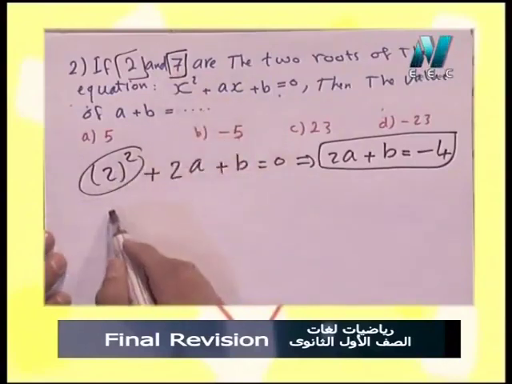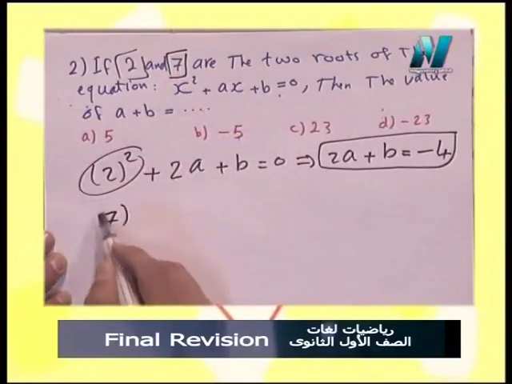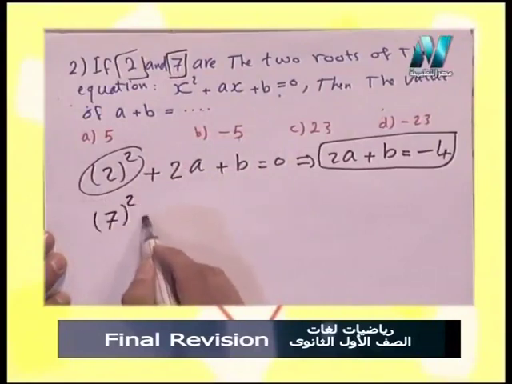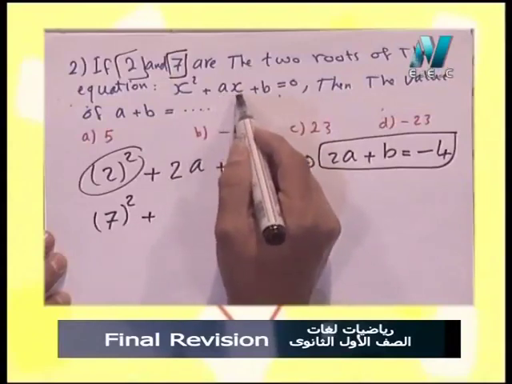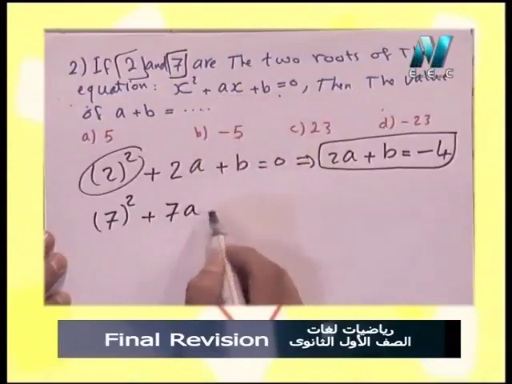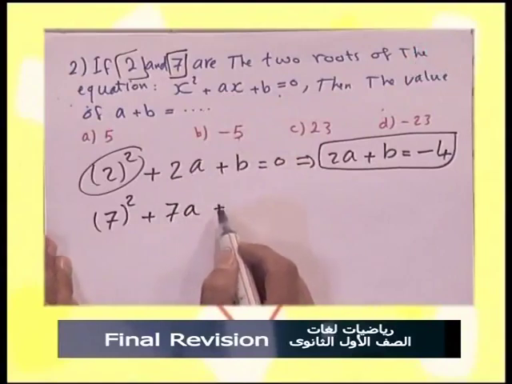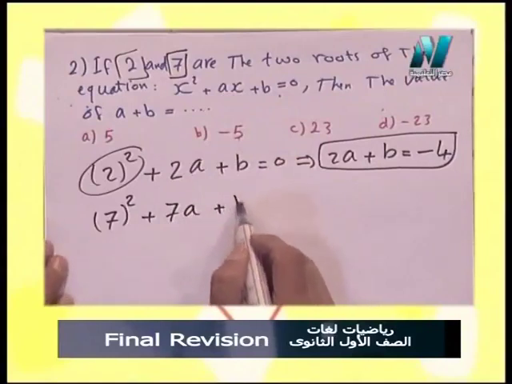So x power 2 will be 7 power 2 plus a times 7, means 7a, plus b equals 0.